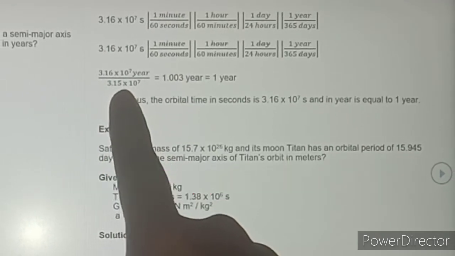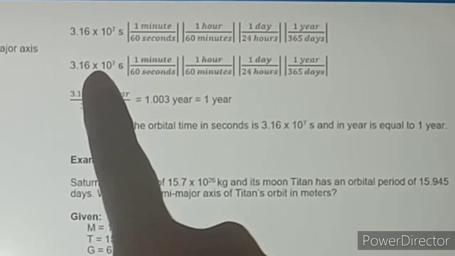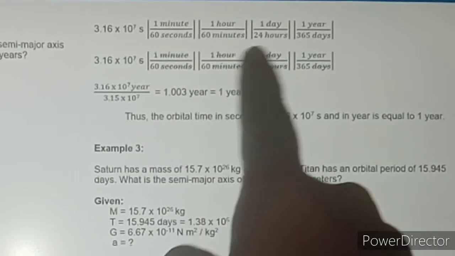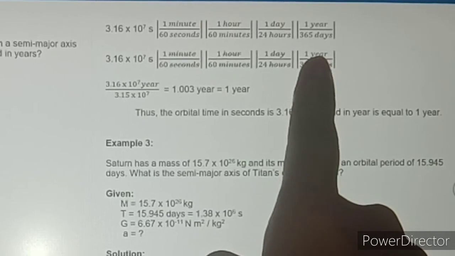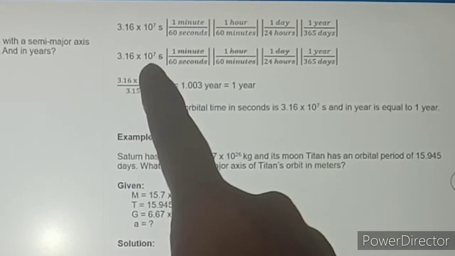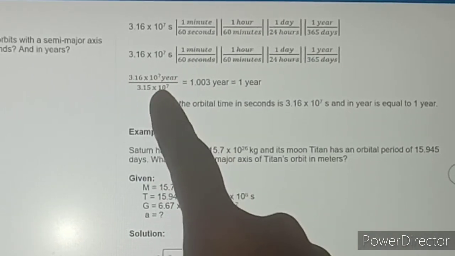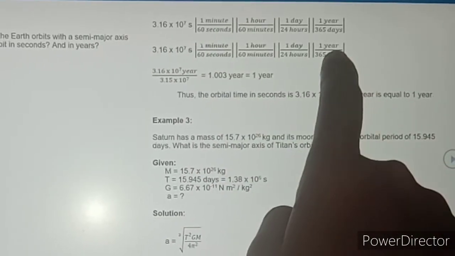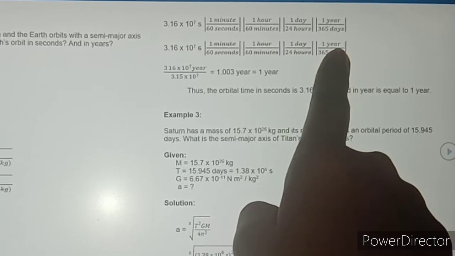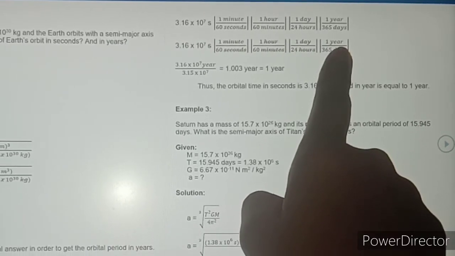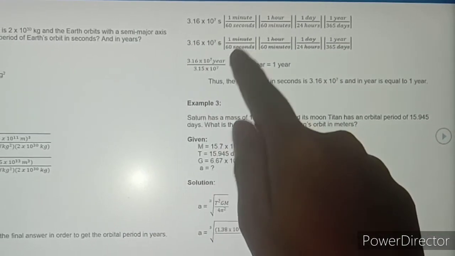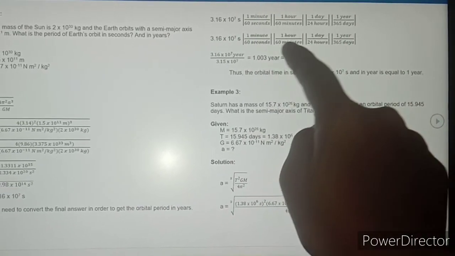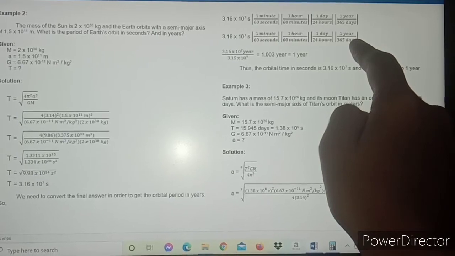So, anong nangyari? So, we have 3.16 times 10 raised to 7 times 1 times 1 times 1 times 1 is equal to 3.16 times 10 raised to 7. Okay? Bakit siya may year? Kasi yun na lang po yung natira nating unit nung nag-cancel out tayo ng same units over.